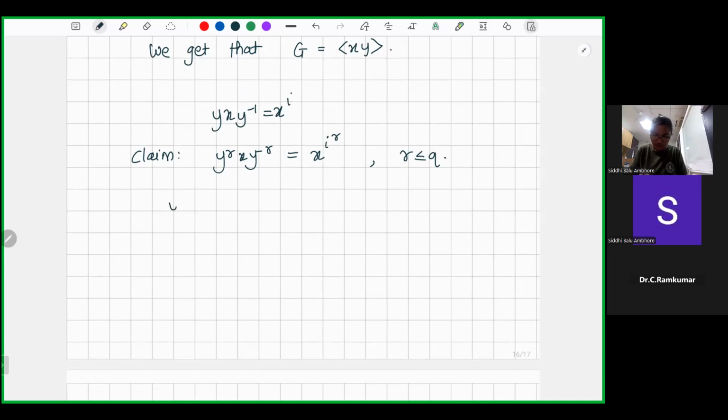Let us see, y square x y inverse square is what? This is y into x power i into y.